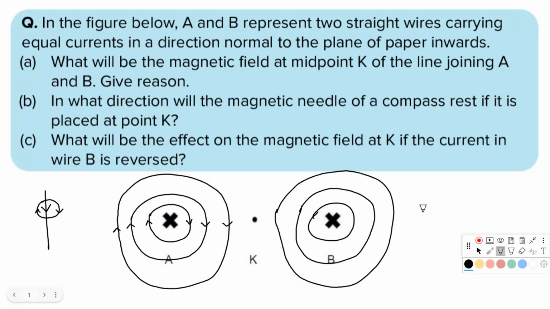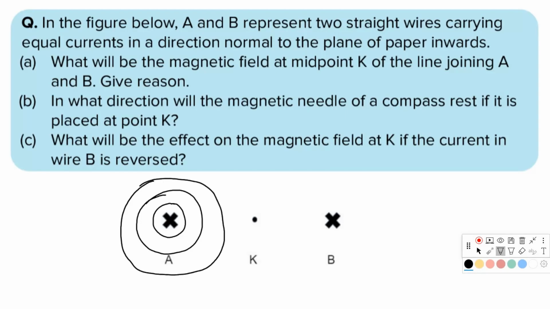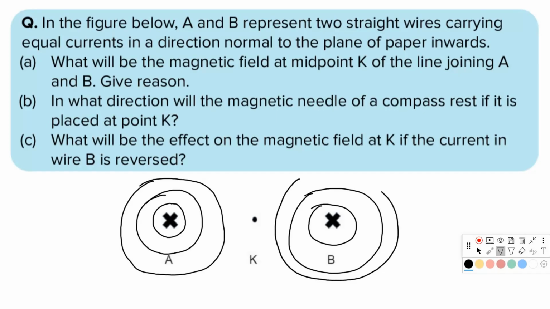So that is what I'm doing. Current is inward. Let me redraw this. The cross points are the locations of the straight current carrying conductors which carry current from outside the paper to inside the paper. Because the conductor is straight, the field will be concentric circles.